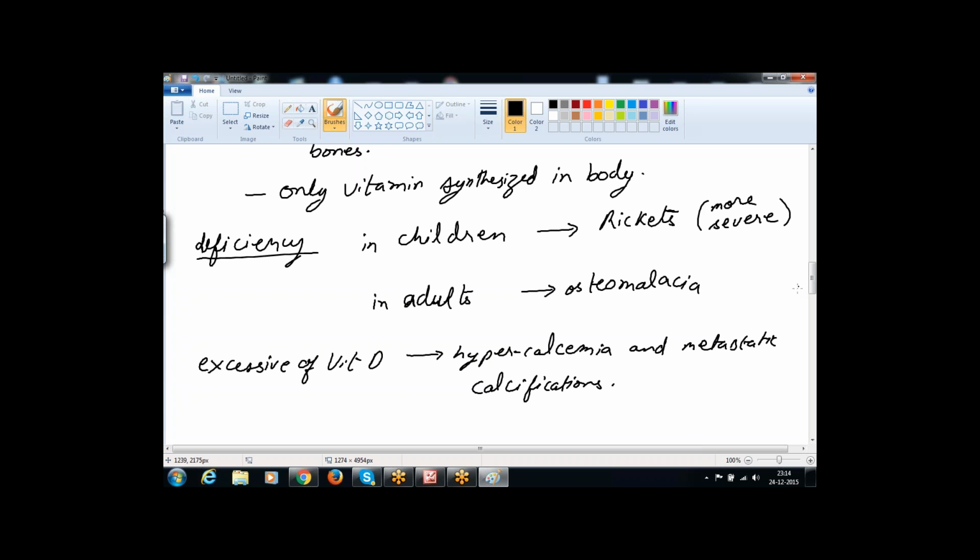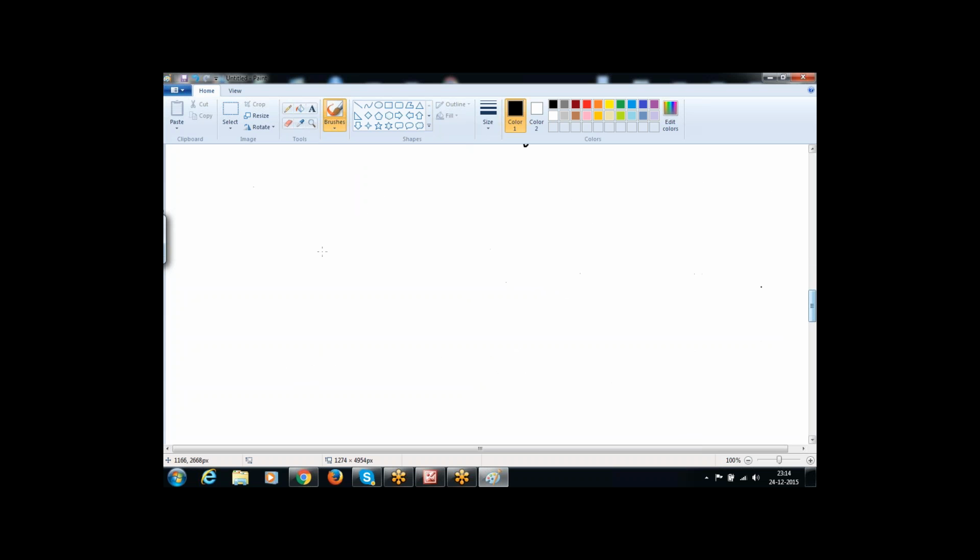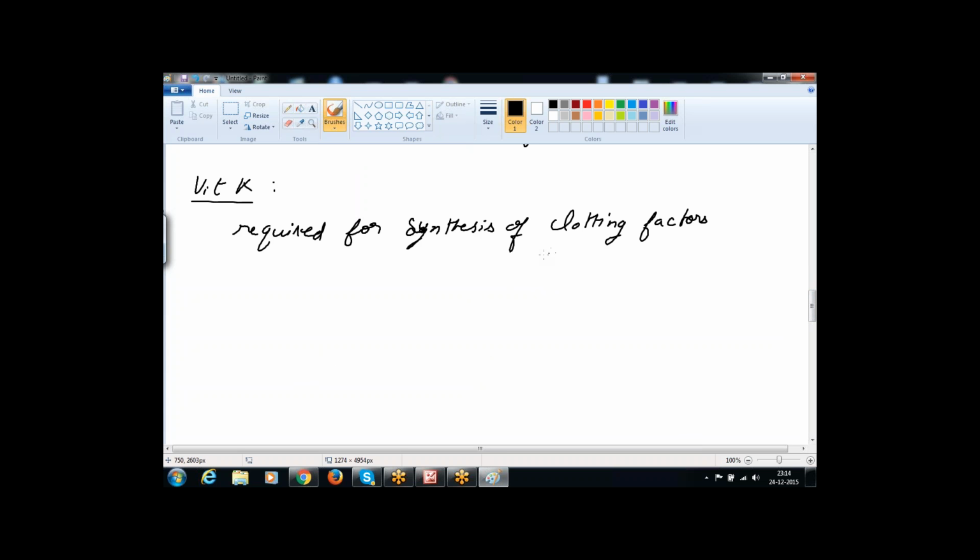Next is vitamin K. Vitamin K is required for synthesis of clotting factors, that is 2, 7, 9, and 10.